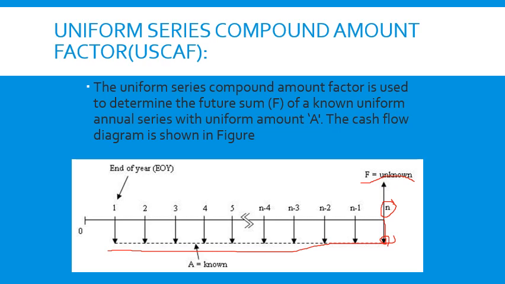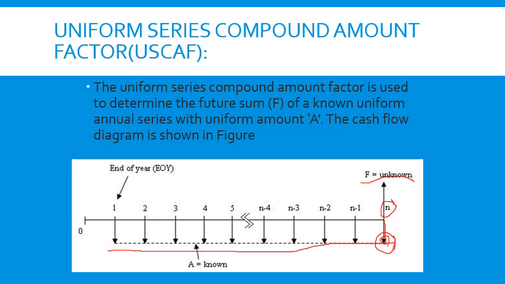On that year itself I will calculate the F. Literally, this particular A will not earn any interest. That point you need to remember here, because I am investing today on that nth year, and I am calculating the compounded amount on the same day. As a result, this last payment will not earn any interest.